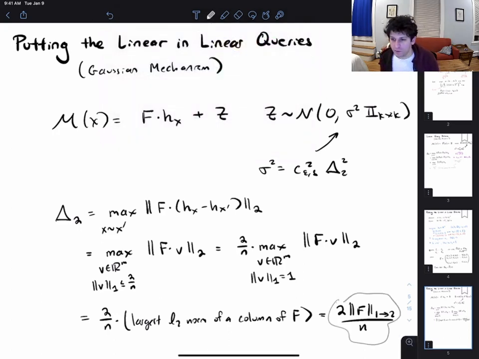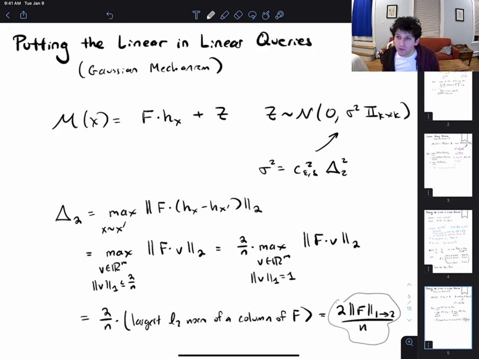And the reason I want you to remember this notation is because if I give you a bunch of linear queries defined by the matrix F, the L2 sensitivity is proportional to that thing. Okay, so you can just think of this as notation for the L2 sensitivity of the queries defined by F. There's a reason why this norm has this name and why it's a nice thing that comes up, but for now, you can just treat it as special notation for the L2 sensitivity of the queries defined by the matrix F. All right, so yeah, just deal with that.